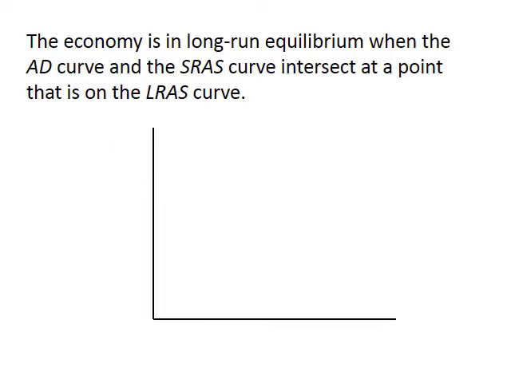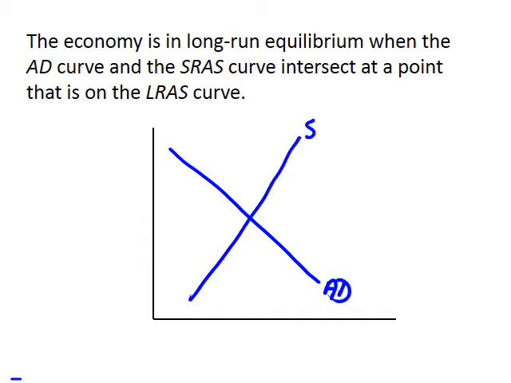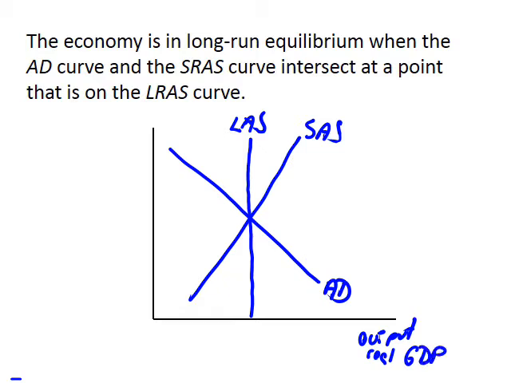The economy is in a long-run equilibrium when all of the curves intersect. So we've got the AD curve. We have SAS. I hope I'll be able to draw this through there. And then we have LAS. Remember that we refer to this as output or real GDP, and on the y-axis, not price, but price level.